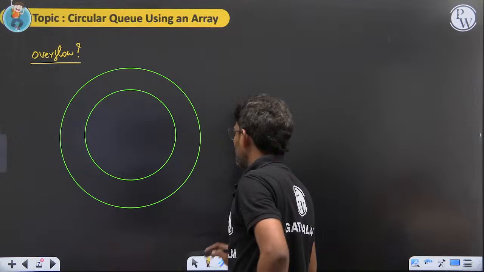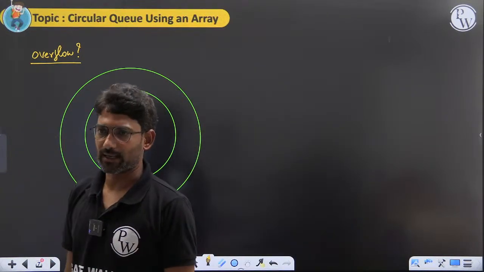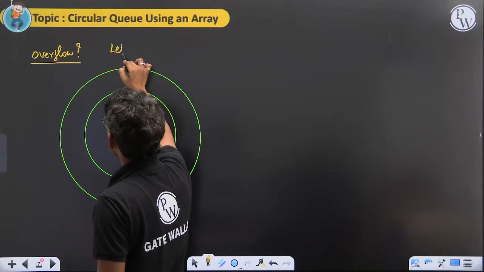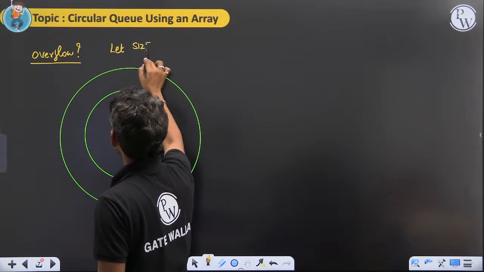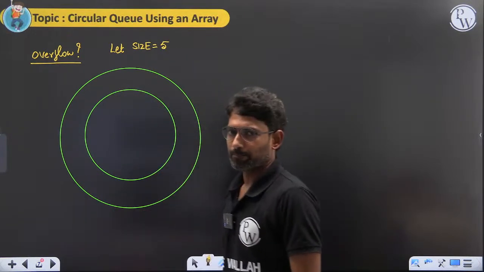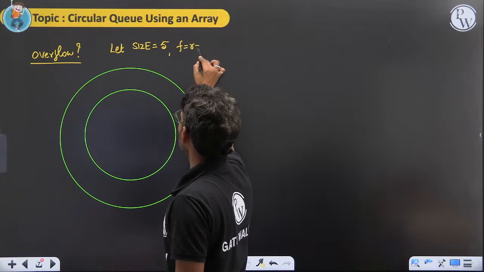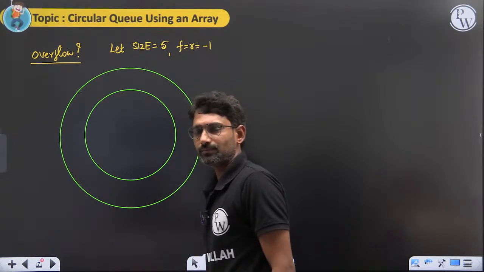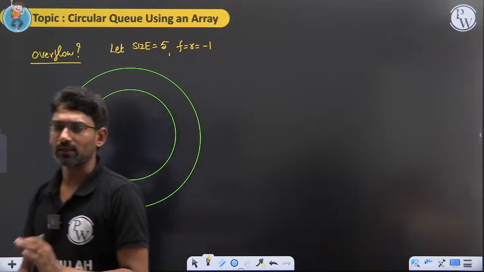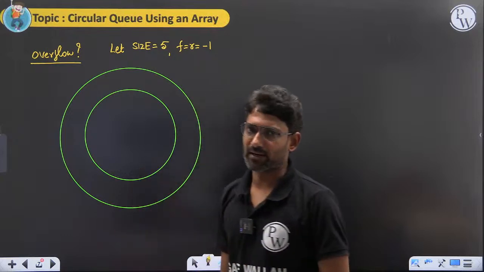Suppose this is the circular queue we are having. Let the maximum size be 5. Initially front will be -1 and rear will be -1, because we are implementing using an array. When there is nothing in the initial stage, front and rear are -1.